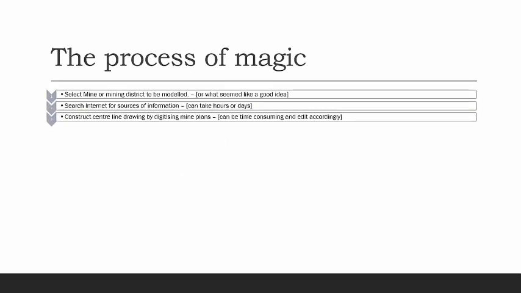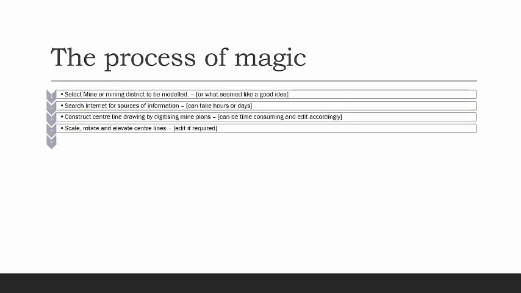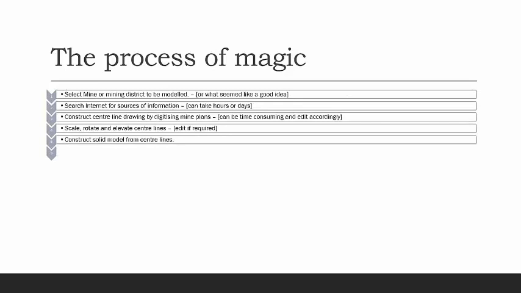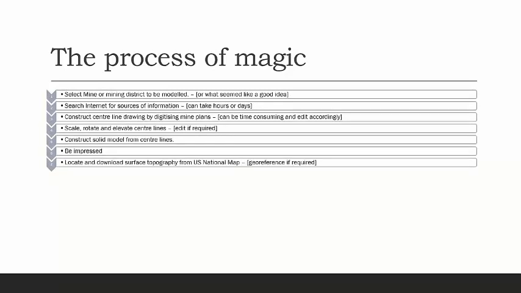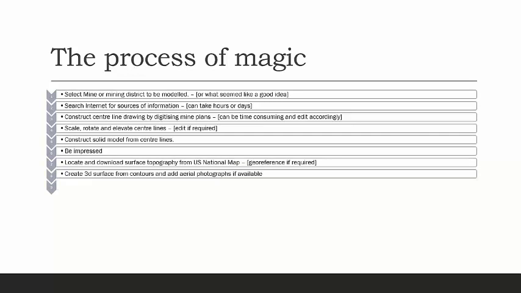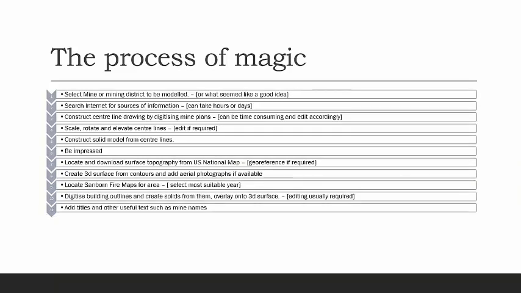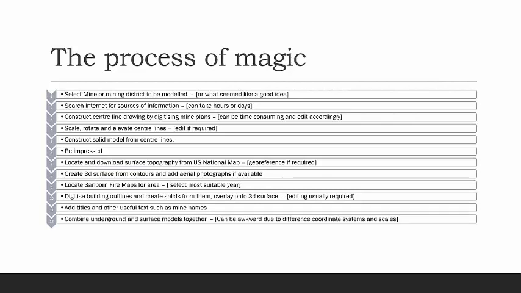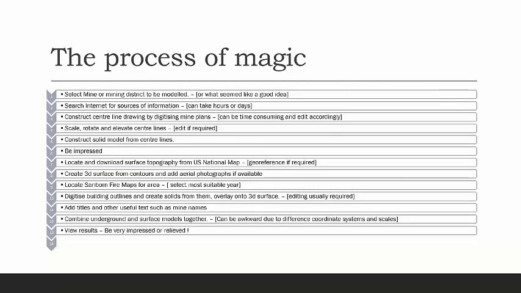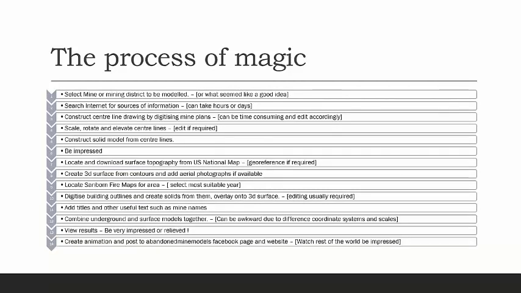So the process, as it comes up on the screen: first thing to do is to select your mine or mining district, and I put in brackets "or what seemed like a good idea." That is very true when you start thinking, yeah, this seems like a good idea, I've heard about that place, I'll go and look, and it's not as easy. So you do spend a considerable amount of time trying to find sources of information.